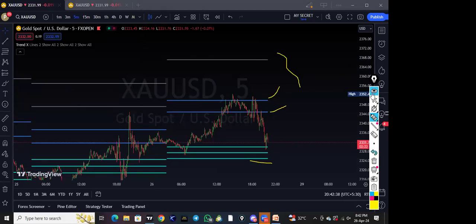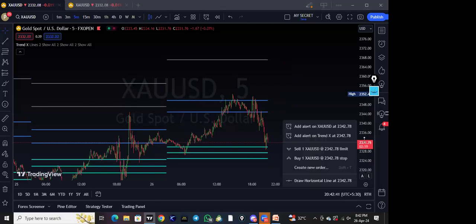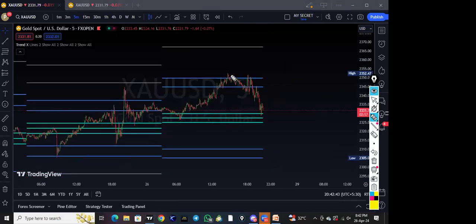If the market is coming in from here, then here it will be very risky to take the trade, because it already started the journey.